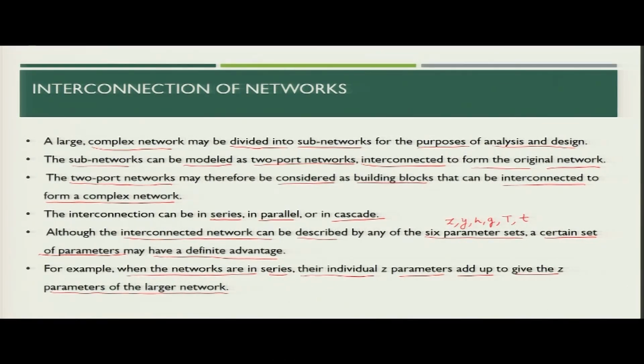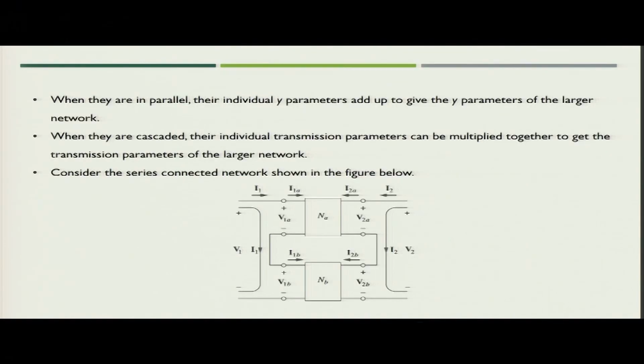So, where the sub networks are connected in series, it is better to utilize the Z parameters to find the overall parameters of the larger network. Similarly, when the two port networks are connected in parallel, Y parameters add up to give the Y parameters of the larger network.